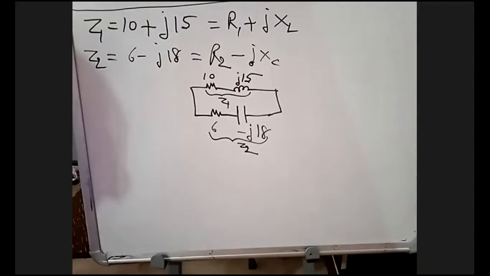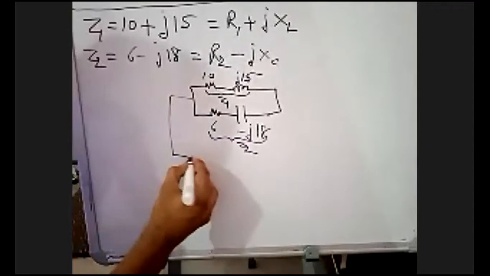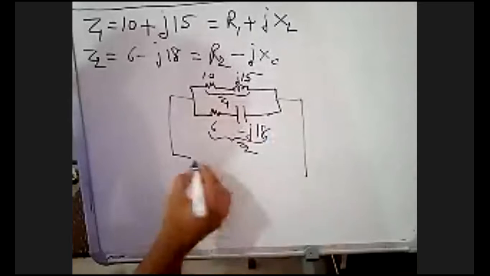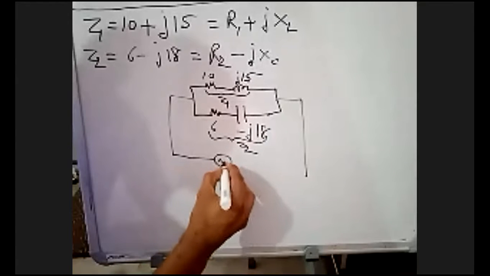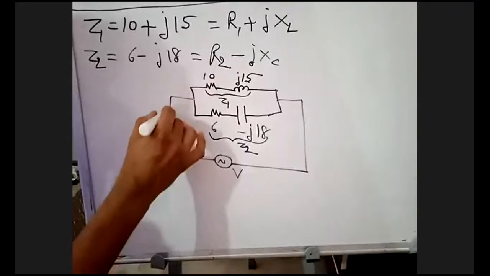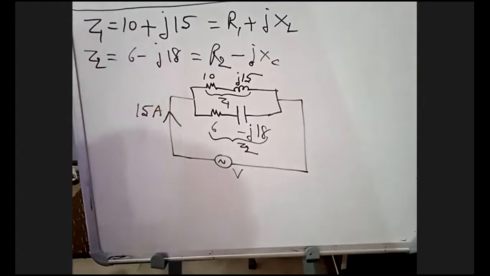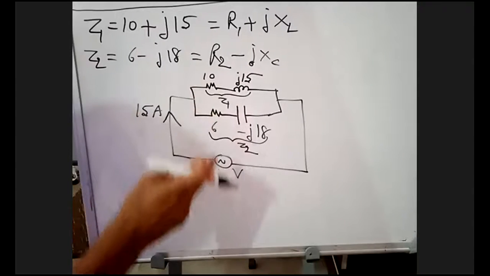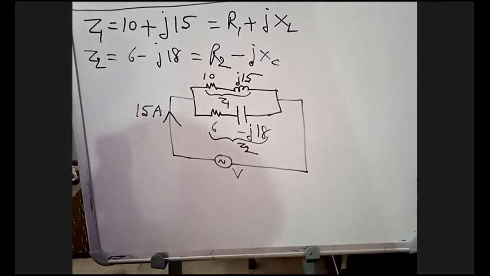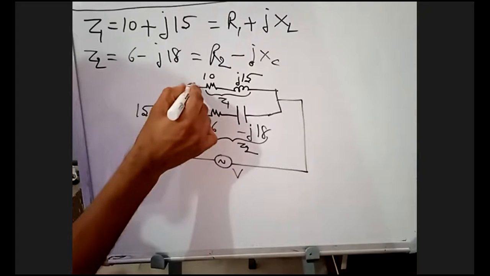If the total current flowing is 15 ampere, this parallel combination is connected across the supply voltage.